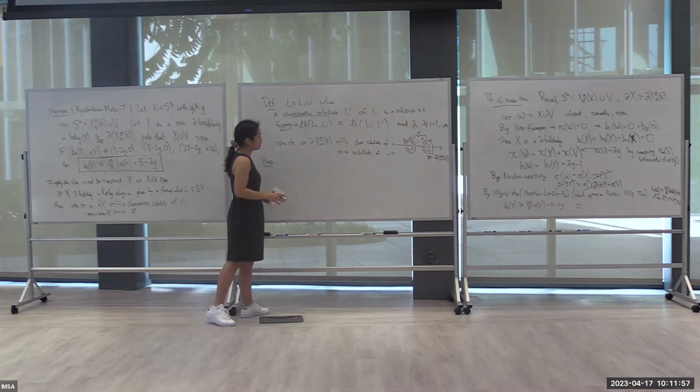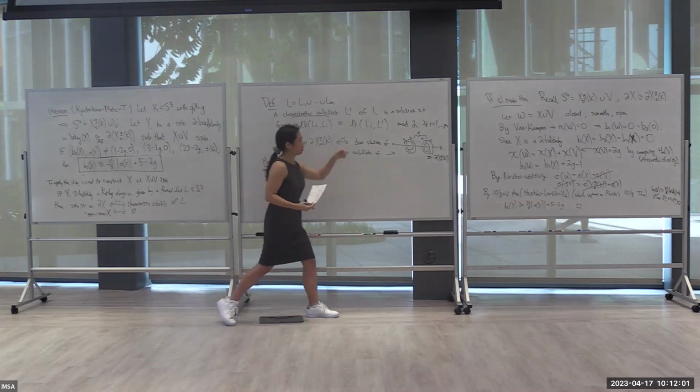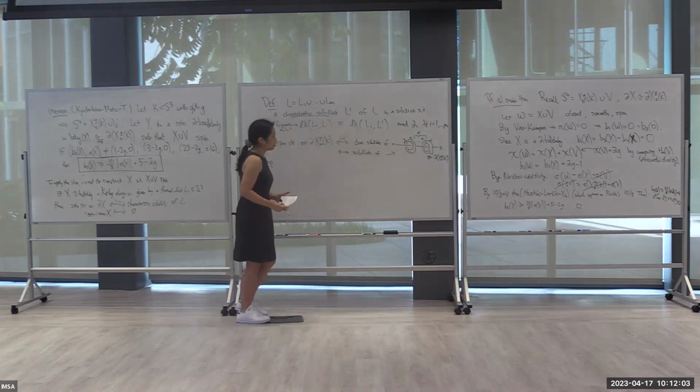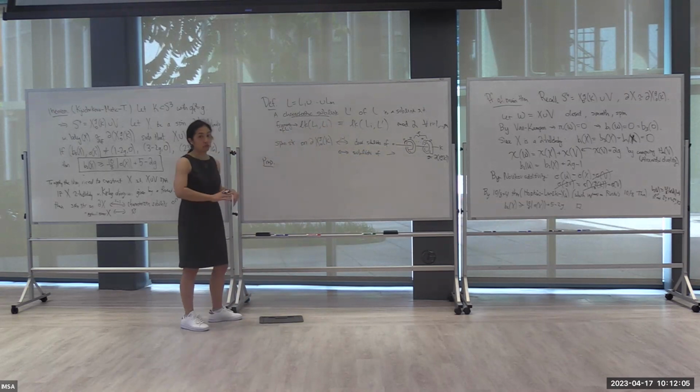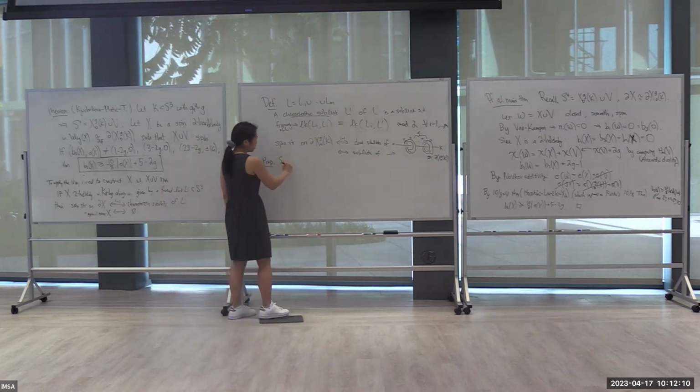So we're interested in spin structures on the boundary of the knot case, or the boundary of this diagram, that will extend over the manifold V. The next proposition is exactly about that.